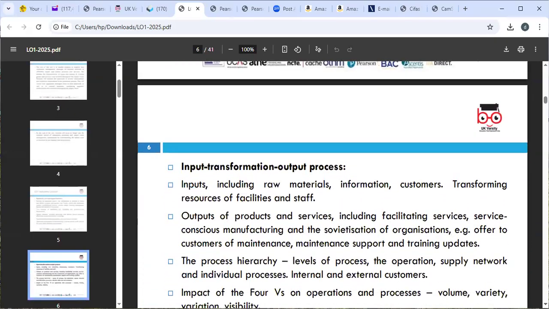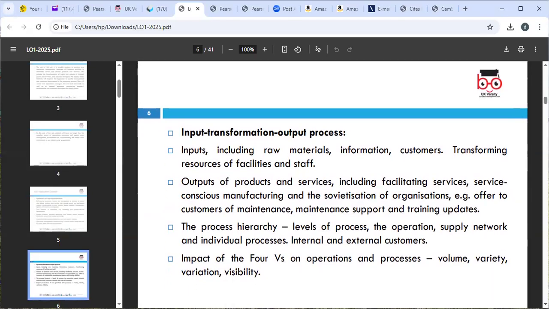Now, we also have to look into the input, transformation, and output process. Okay, this is the process that we need to look into. Now, inputs include raw materials. I've just mentioned that the inputs may even be external supplies that may include raw materials, information, customers, transformation resources, and facilities. The outputs of products and services include facilitating services, service-conscious manufacturing, and offers to customers of maintenance support and training support.